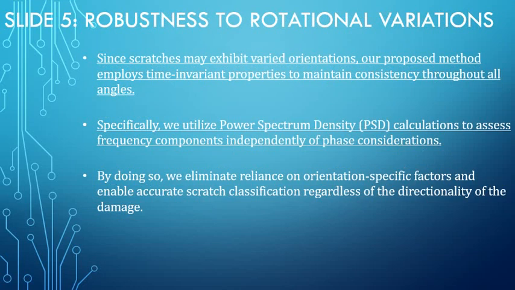Since scratches may exhibit various orientations, our proposed method employs time-invariant properties to maintain consistency across all angles. Specifically, we utilize power spectrum density calculations to assess frequency components independently of phase considerations.